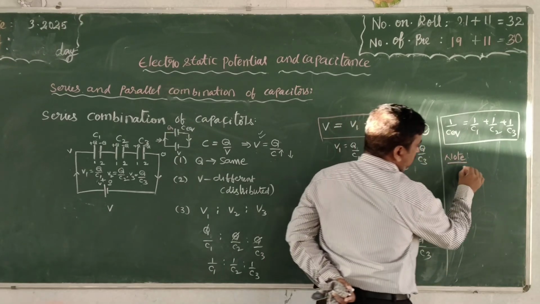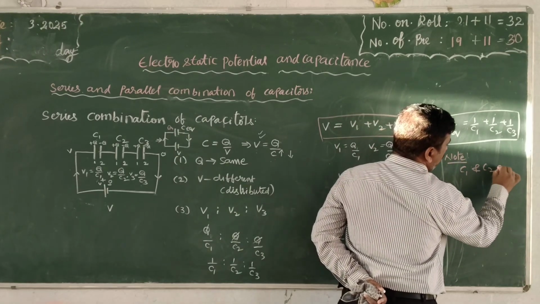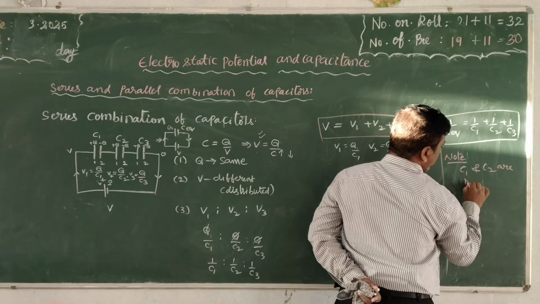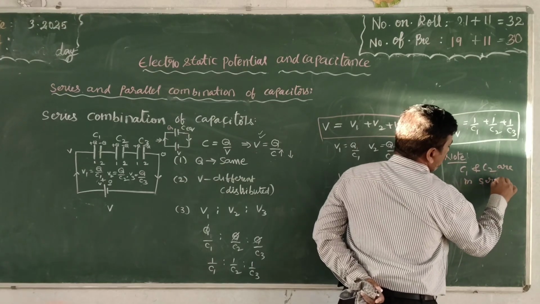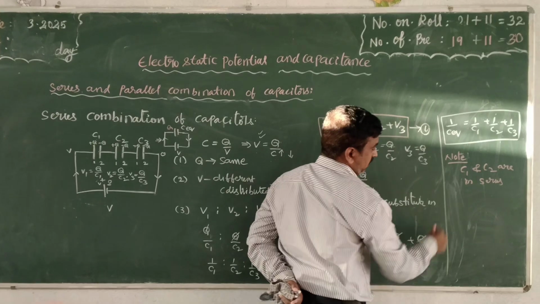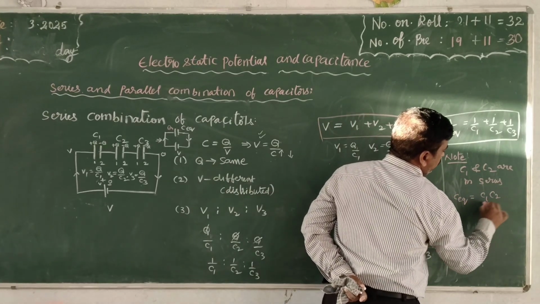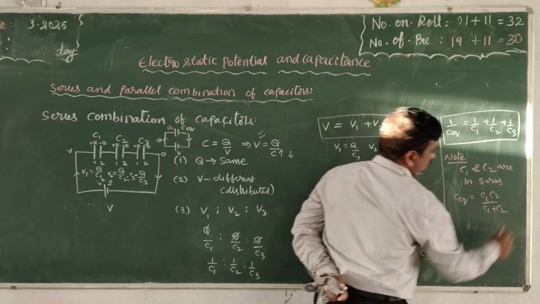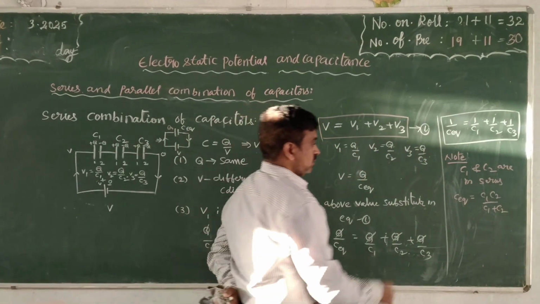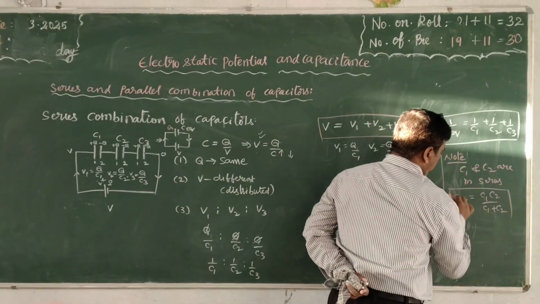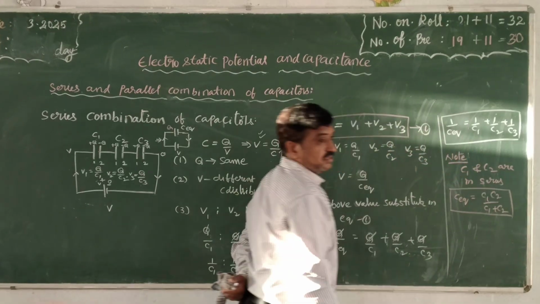If C1 and C2 are in series, what is the shortcut formula? C equivalent equals C1 C2 by C1 plus C2. This is the shortcut when two capacitors are connected in series.